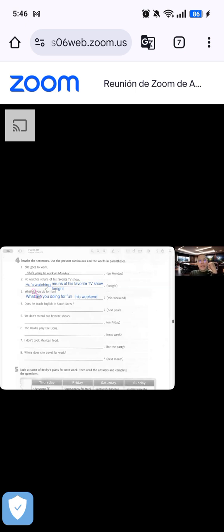And then the main verb, you change it to the ing form. Verb do in present simple, verb be in present continuous. Base form of the verb in present simple, ing form in present continuous. You change the rest, and tomorrow we will check them all.